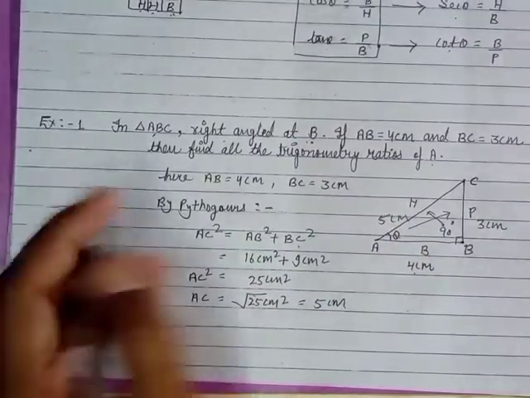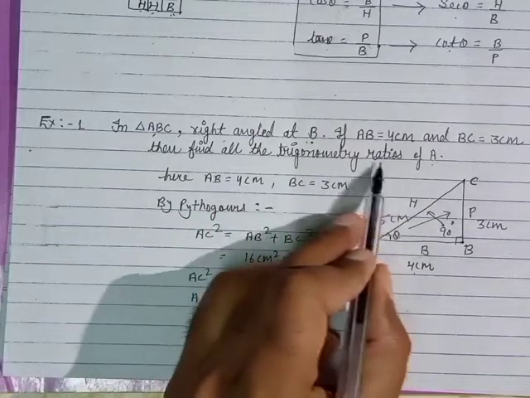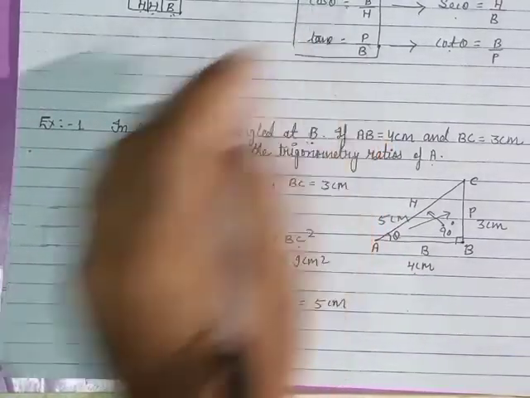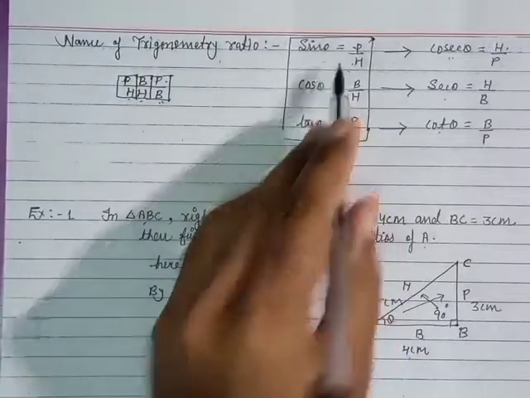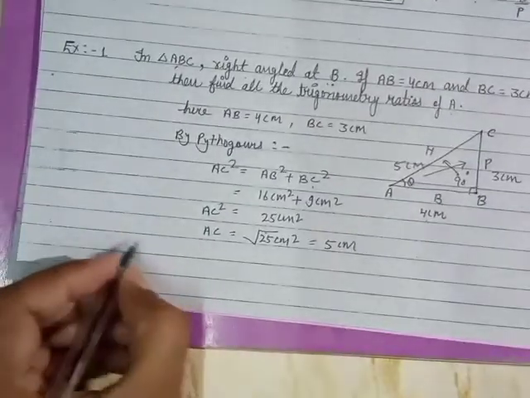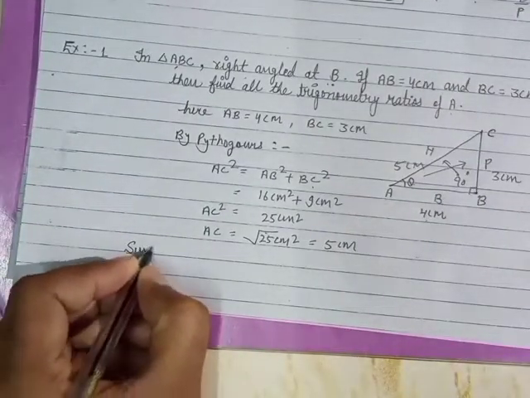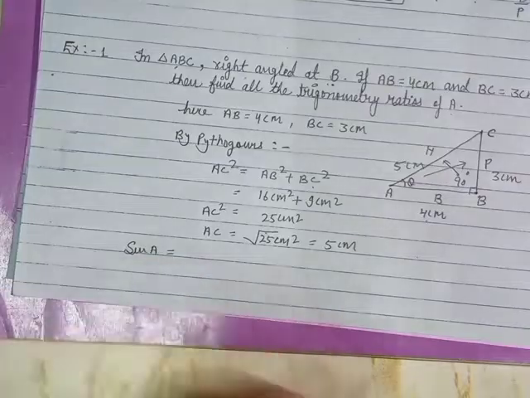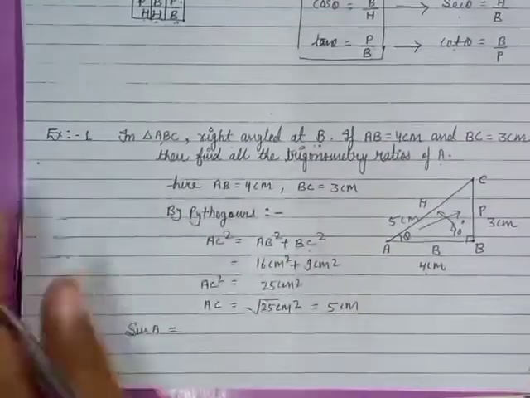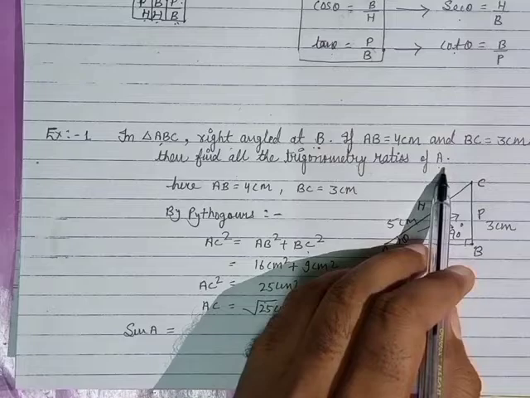So first of all, we will find out sin theta. Look at it here, sin A, because according to the question, theta is at point A here.